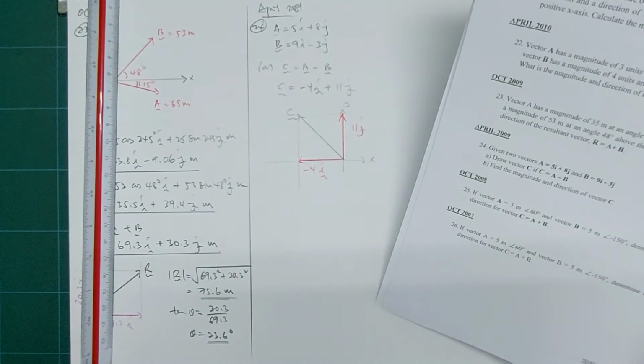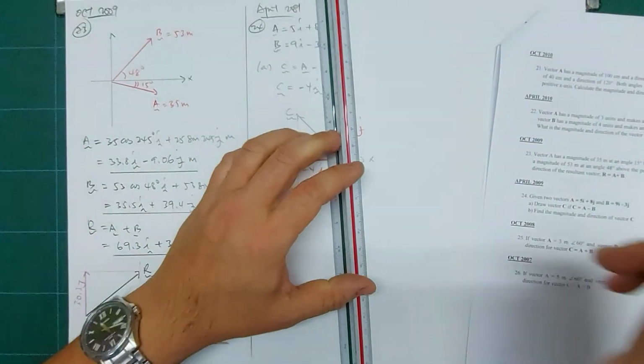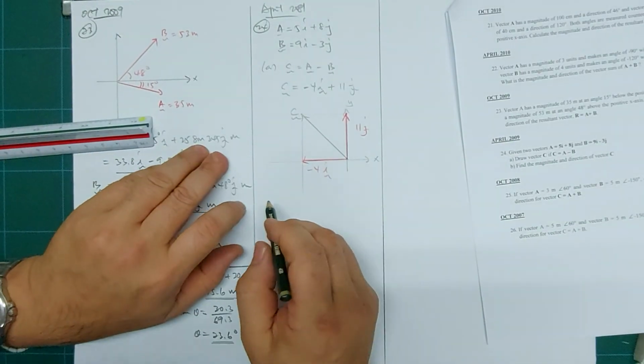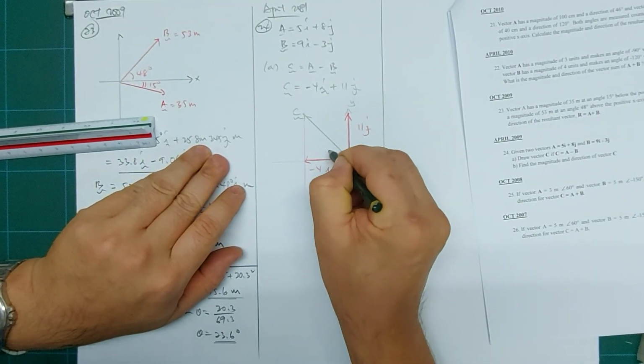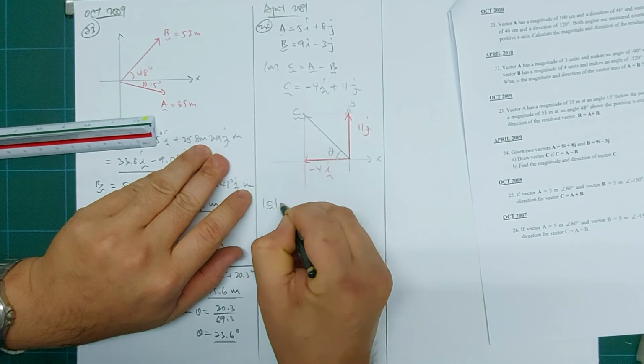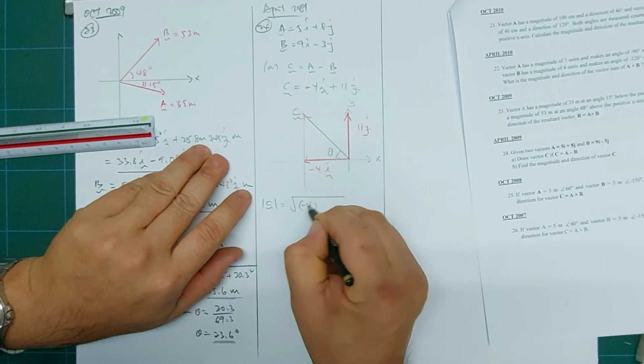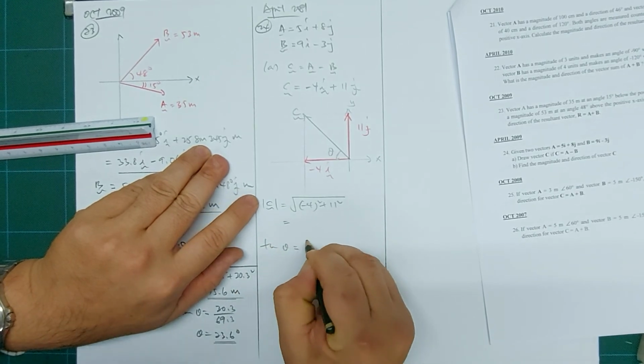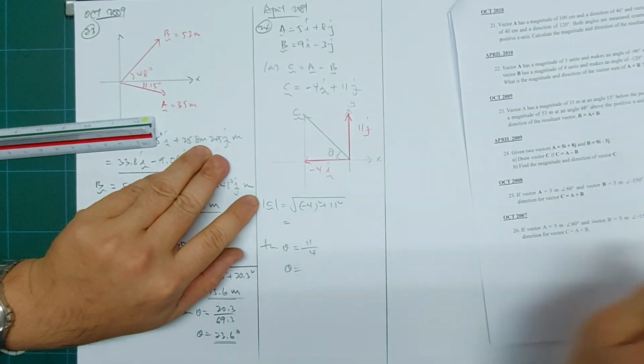All right, and then find the magnitude and direction of vector C. The angle is theta, so magnitude C is the square root of negative 4 squared plus 11 squared, and tangent theta is equal to 11 over 4.